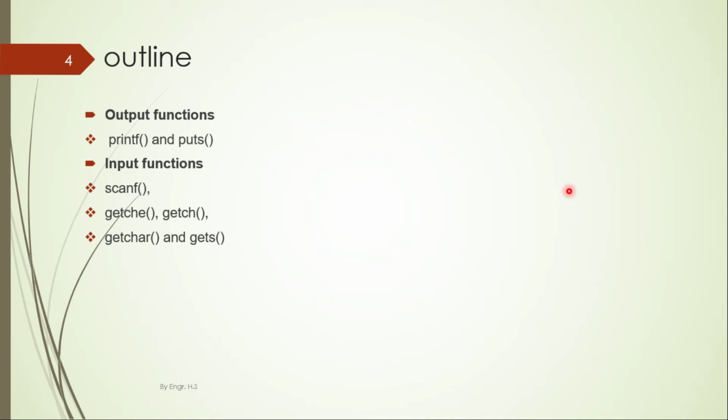Output functions, which are printf and puts. We will only concentrate on the printf function because in the rest of the coding section we will only use the printf function. Input functions, which include most commonly scanf, getche, getch, getchar, and gets.